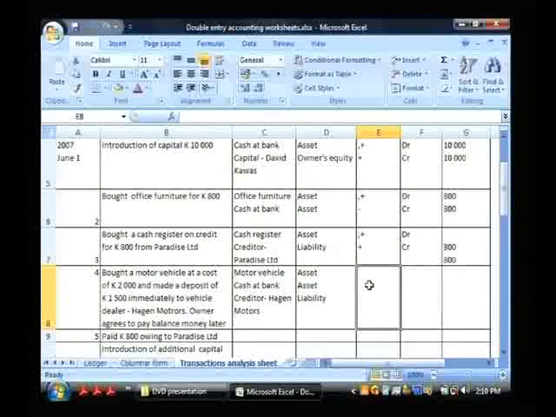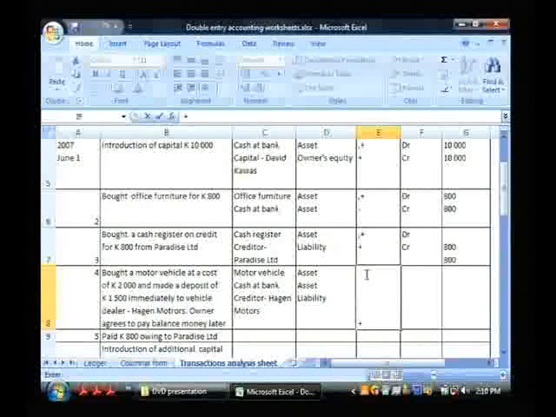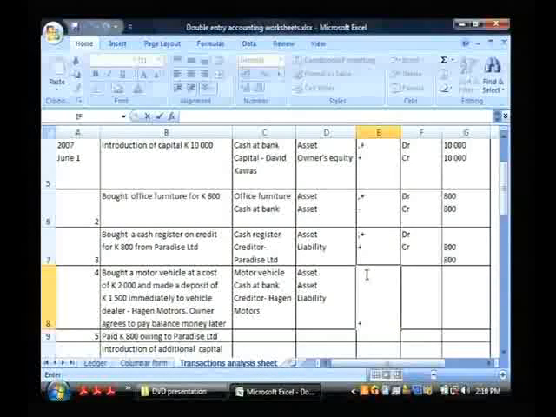Now we will look at which account is increased. Motor vehicle increase, therefore plus here, and cash at bank decrease, minus, and creditor, the amount payable increase, the liability increase, therefore another plus. 2 pluses and 1 minus.